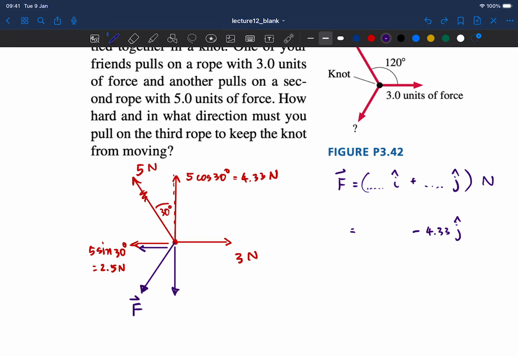So that's 0.5, but it's 0.5 in the minus x direction. So it's going to be minus 0.5 i, like this. So this will be the answer for this force.